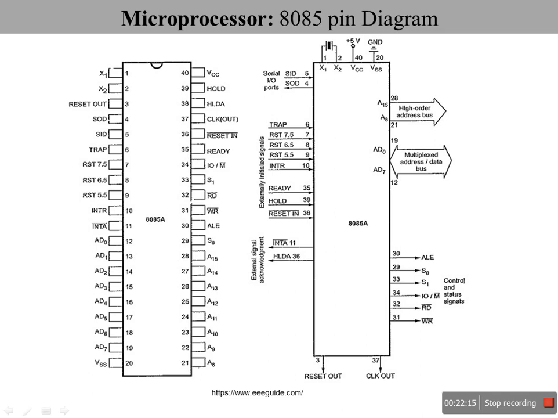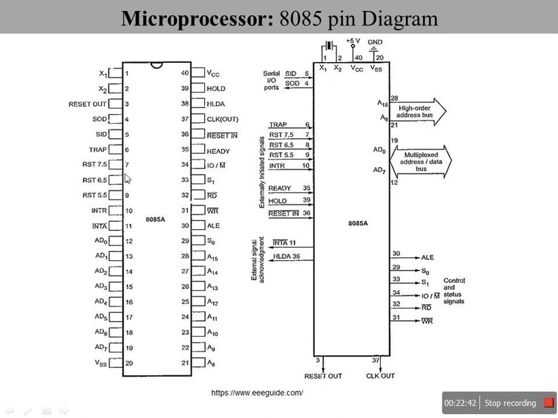Then the third pin is reset out. Then we have the fourth and fifth pins called SOD and SID, serial out data and serial in data. These are the two lines by which we can directly communicate with peripherals using serial communication. Serial out takes data from the microprocessor to the peripheral, and from peripheral to microprocessor is done by SID.